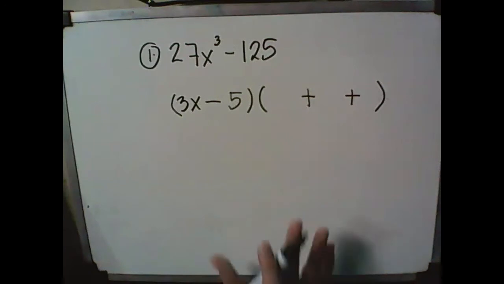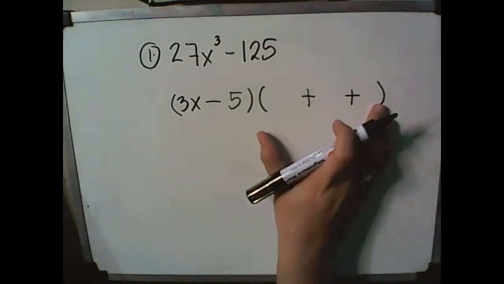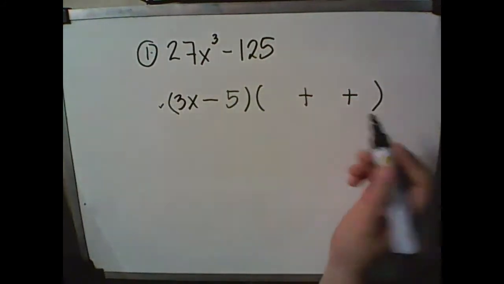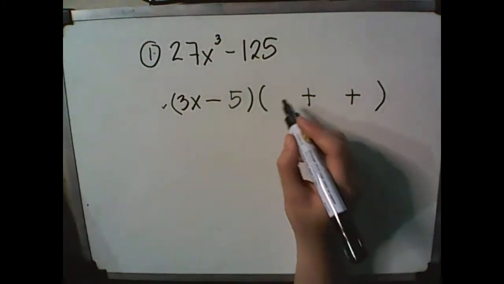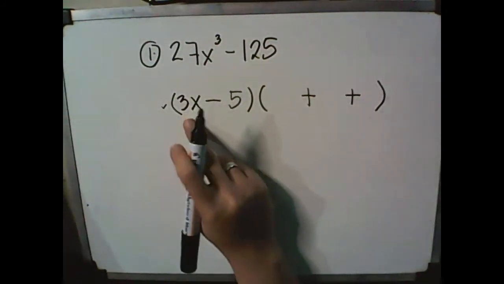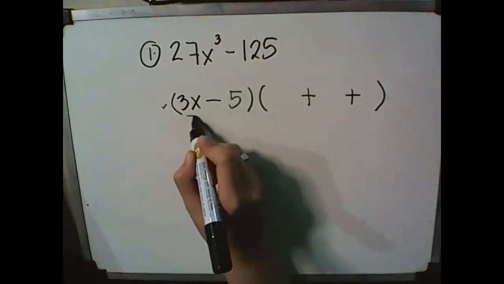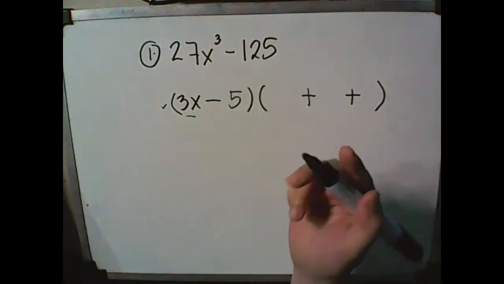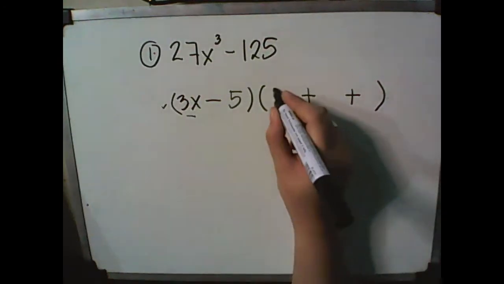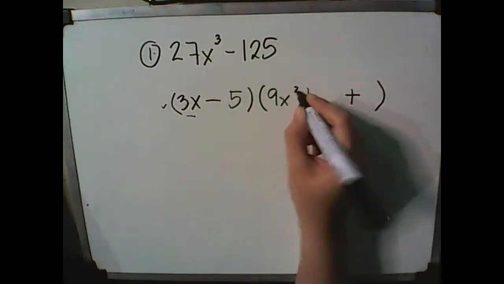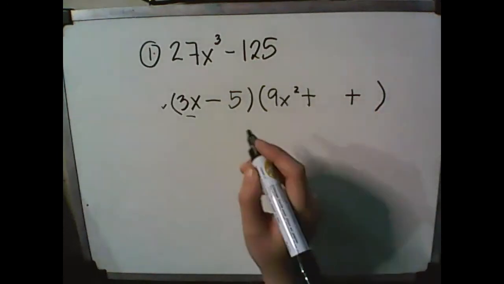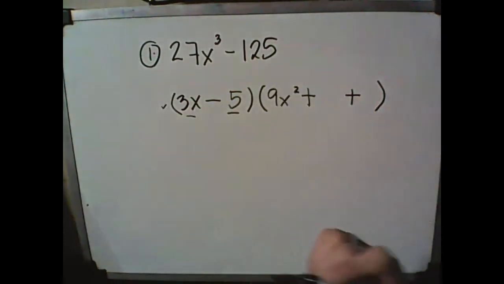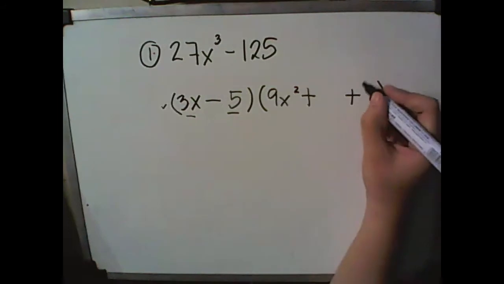Okay, so tapos na tayo kay binomial. When it comes to trinomial, you just square the first. So 3x, when you squared it, that is 9x squared. And then, sa last term, you just square. 5 raised to 2 is 25.